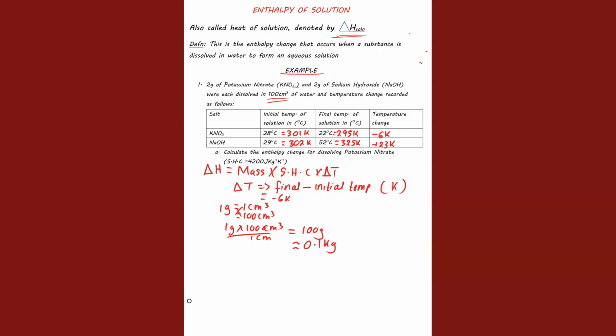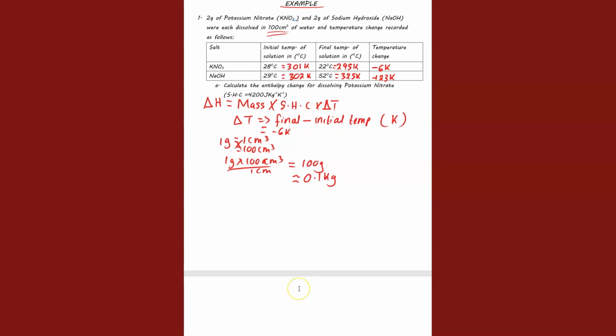So next thing, we insert everything in the formula. So our enthalpy change will be given by mass, which is 0.1 kilograms, multiplied by the specific heat capacity, that is 4,200 joules per kilogram per kelvin, then multiplied by change in temperature, that is 6 kelvins.